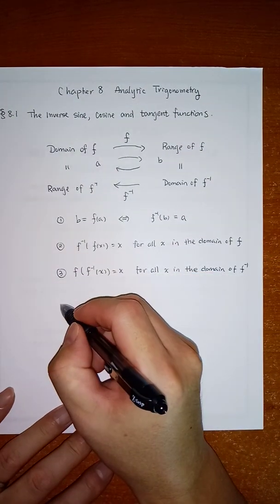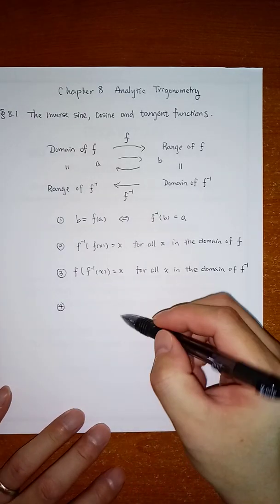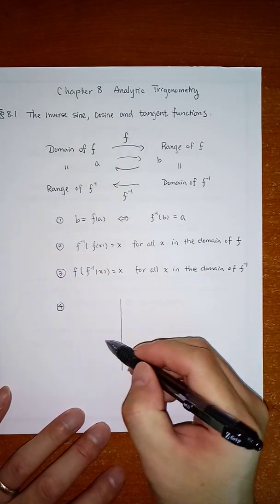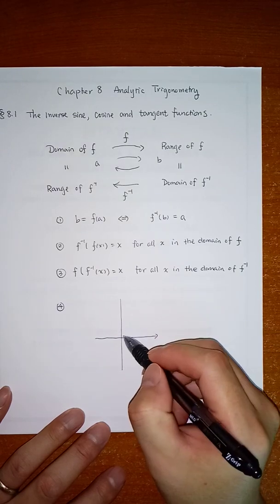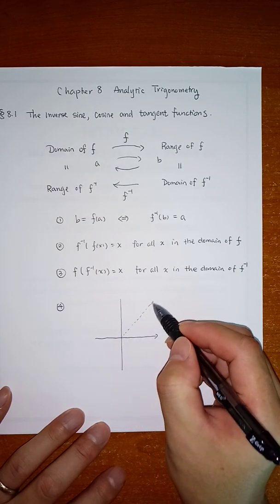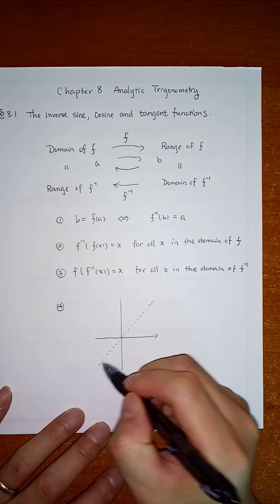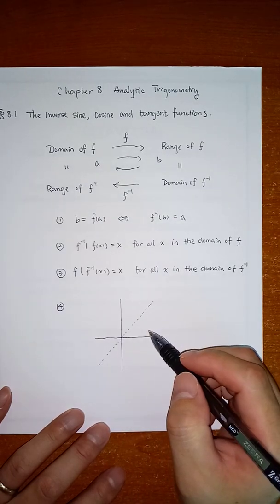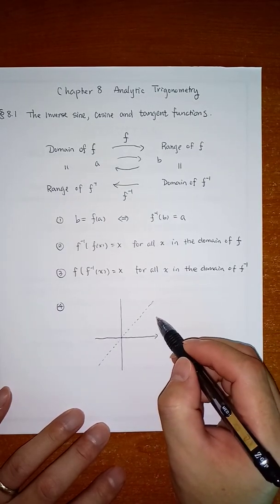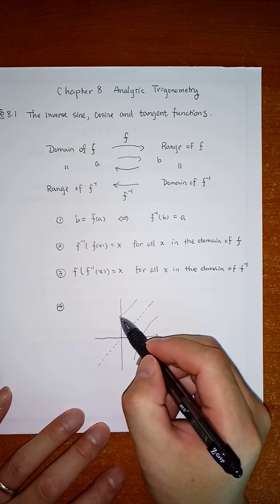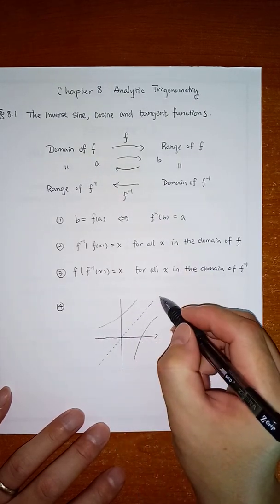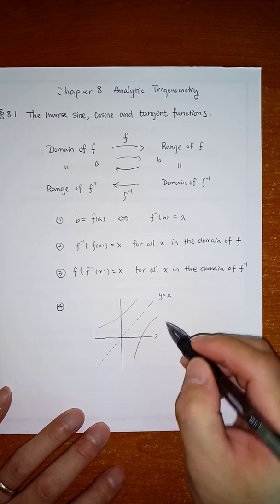And the third property is that if you have a graph of f of x and a graph of f inverse of x, they are symmetric about the line y equal to x.